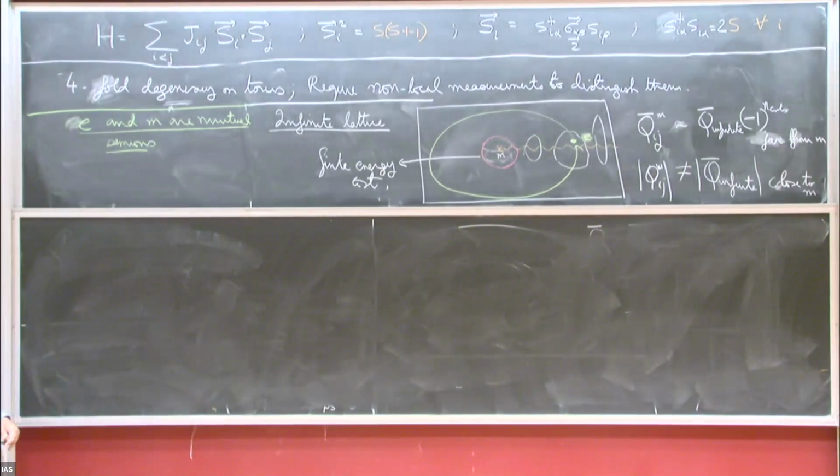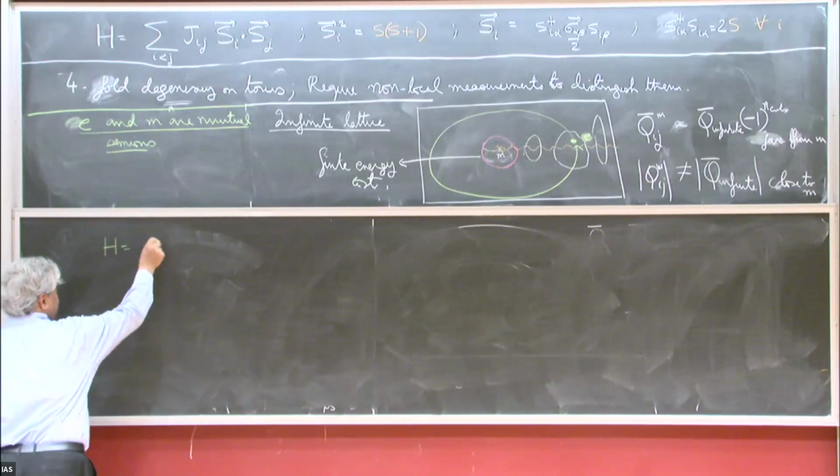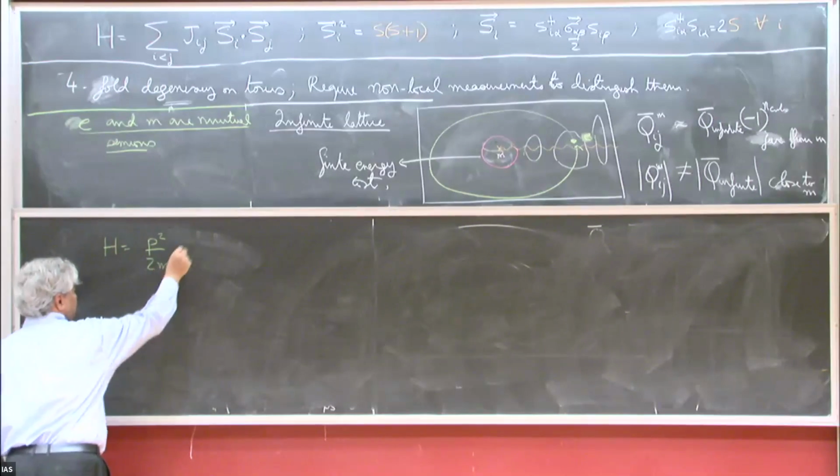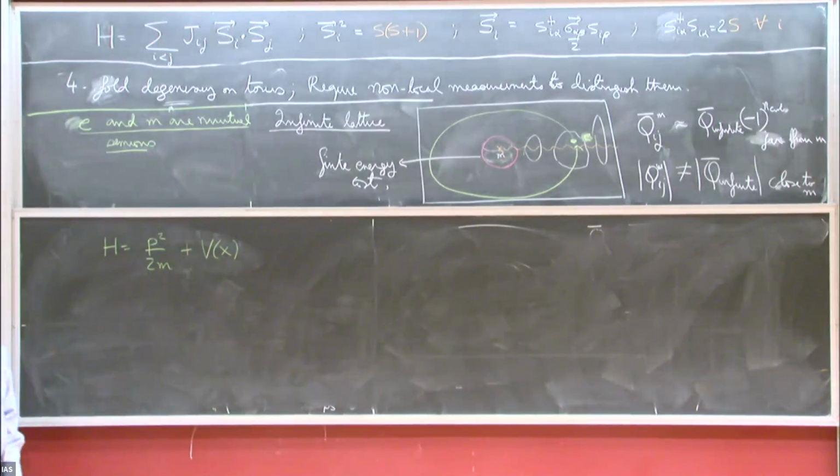Okay. But just to introduce what an instanton is, suppose I have the quantum mechanics of some particle, H is p squared over 2m, plus some potential V of x. Of course, I know how to solve this using usual quantum mechanics and Schrodinger's equation.